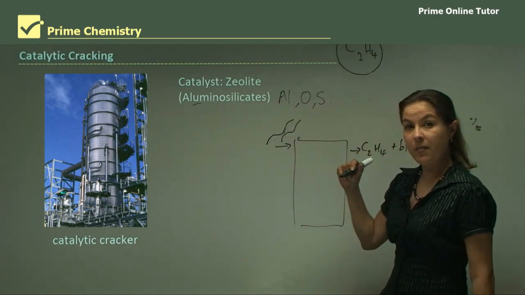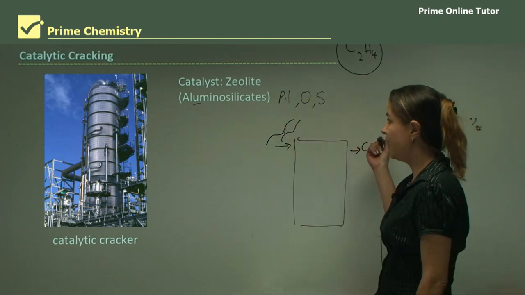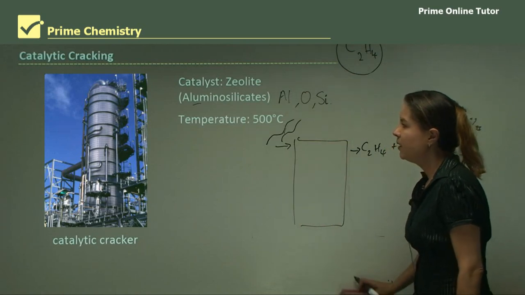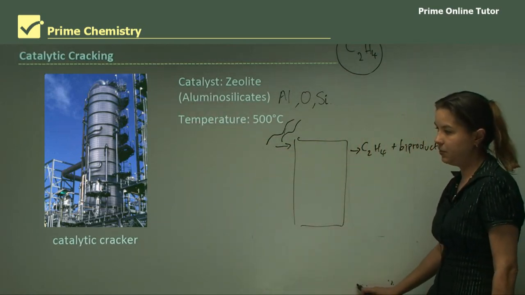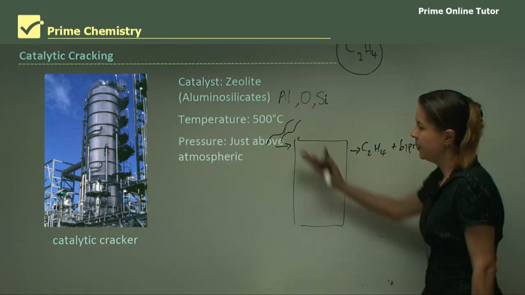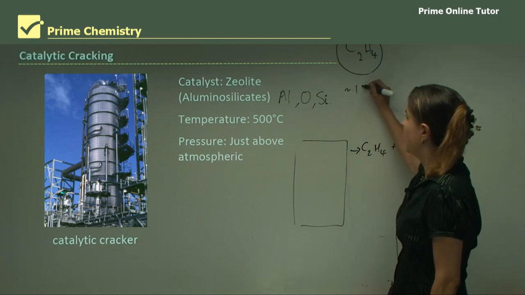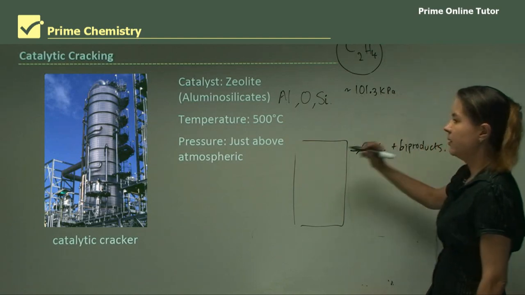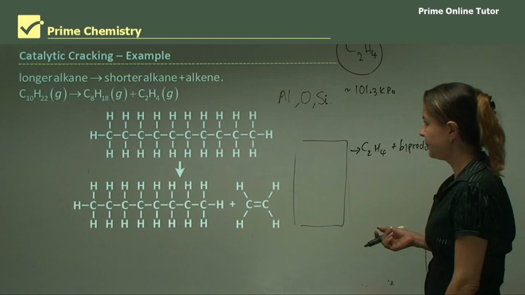So they're inorganic molecules made of aluminium, oxygen, and silicon. The temperature in this vessel is around 500 degrees Celsius, which is pretty high, and the pressure is just above atmospheric. Atmospheric pressure is approximately 101.3 kilopascals. So in there it would be around 105, 110.